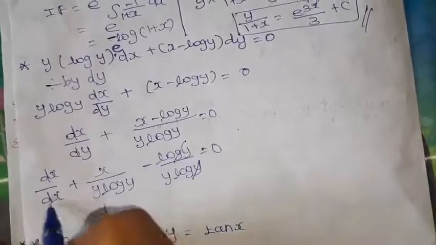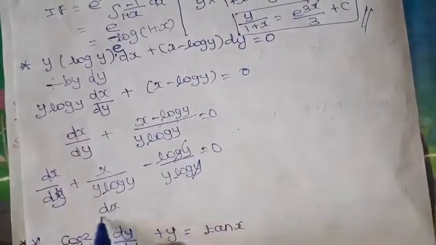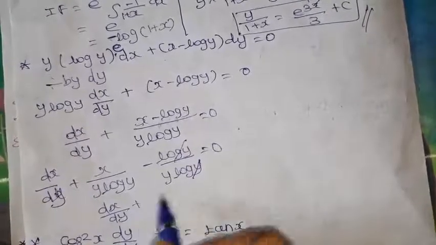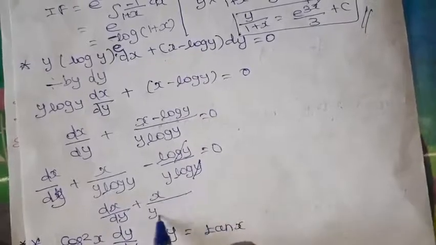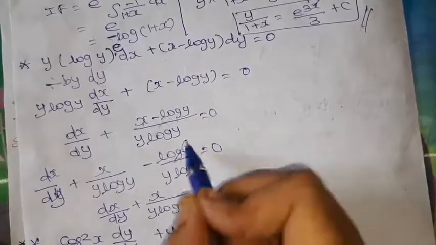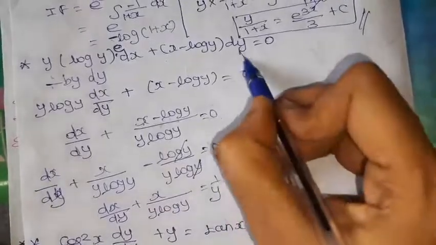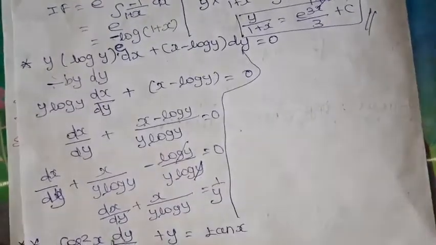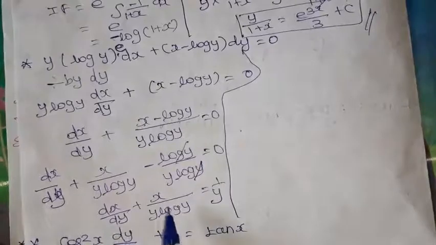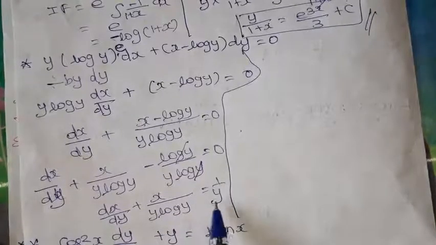The minus term goes to the other side as plus 1 by y. So dx/dy plus x/(y log y) equal to 1/y.